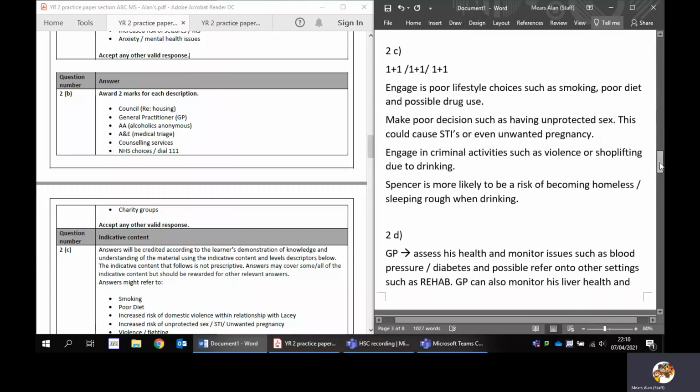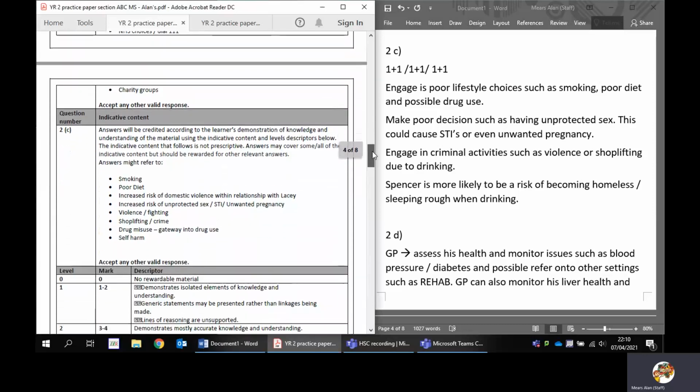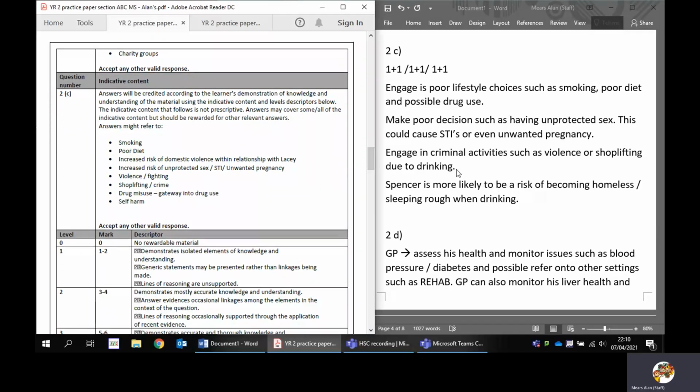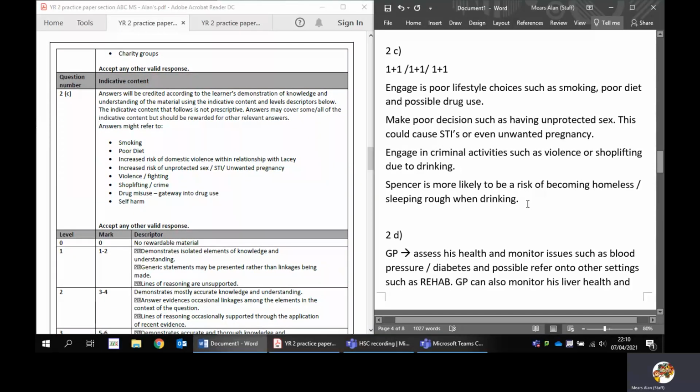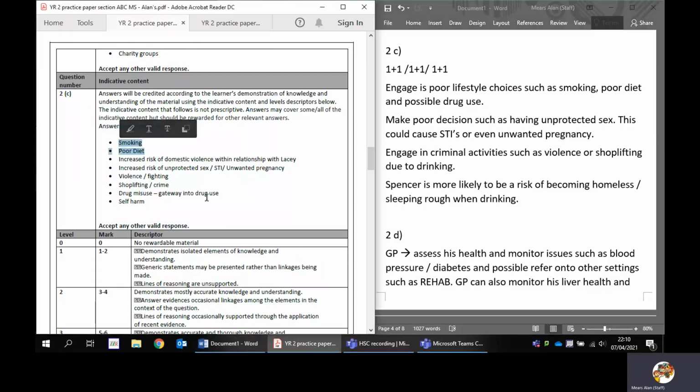For 2C, this is our three risky behaviours. Now as I said, if we were unsure about one, then we could put a fourth in just to protect ourselves. Looking at our list here, we said about poor life choices, smoking, poor diet, drugs. Well, those are 3 separate points. We've covered all of those. Poor decisions and unprotected sex.